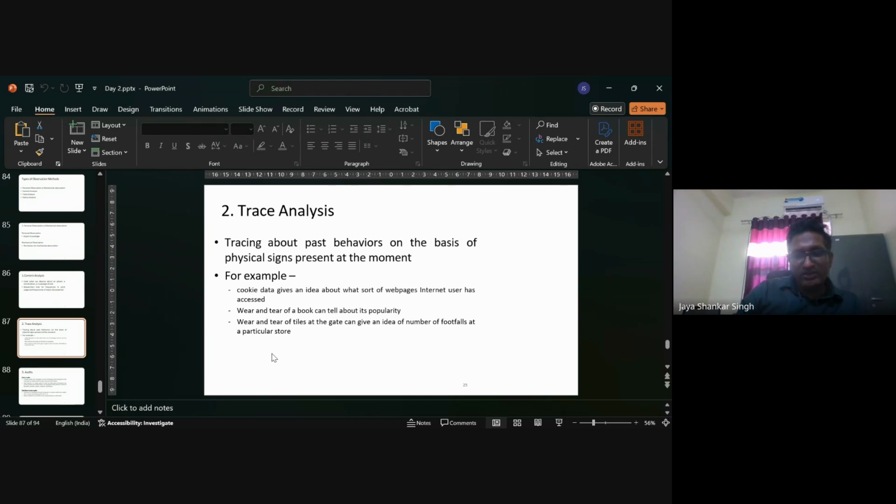Generally, we use the term tracing in online fraud and everything. From where the call started, what the IP address was, that is just one example of tracing. So you will say, when we are tracing a ransom email received by a particular celebrity, sir, there is no physical evidence there.